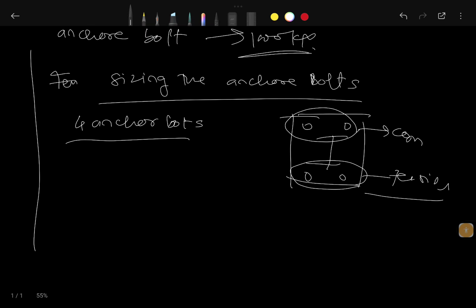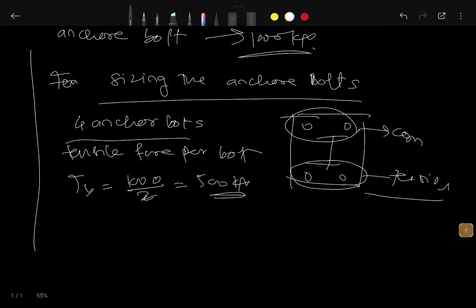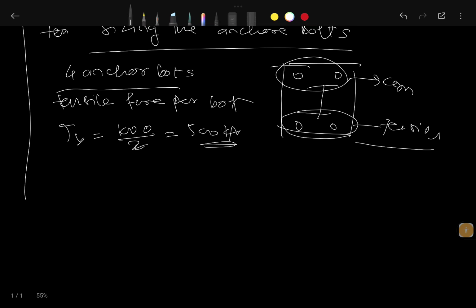So for tensile force per bolt, Tb is equal to 1000 divided by 2, equal to 500 kilonewton, because we consider 2 bolts carry tension and 2 bolts carry compression.